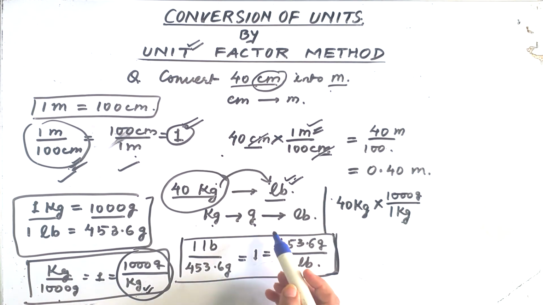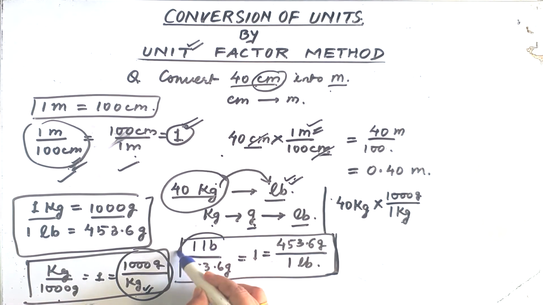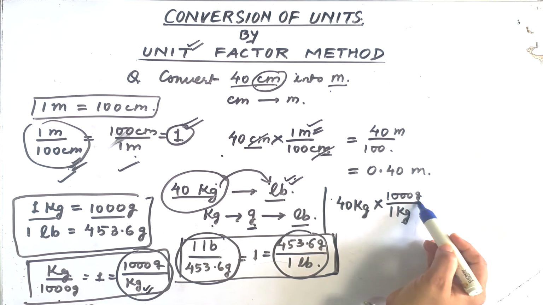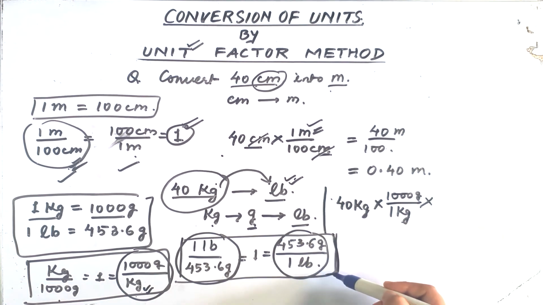Now I am going to convert this gram into pounds. Now we know that this is the conversion factor and this is the conversion factor. But I have to select which conversion factor I am going to utilize so that I can cancel out the grams, because I don't need grams, I need pounds. So I am going to cancel this gram with another gram. So this gram should come as a denominator.